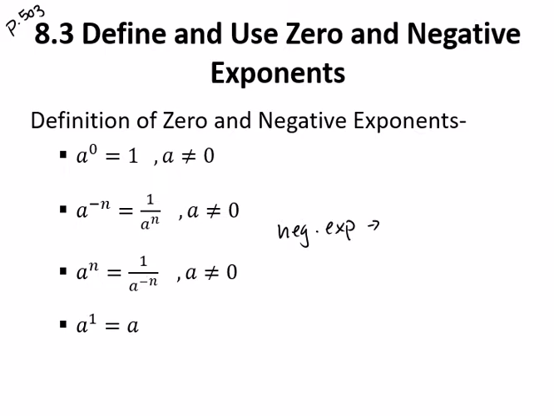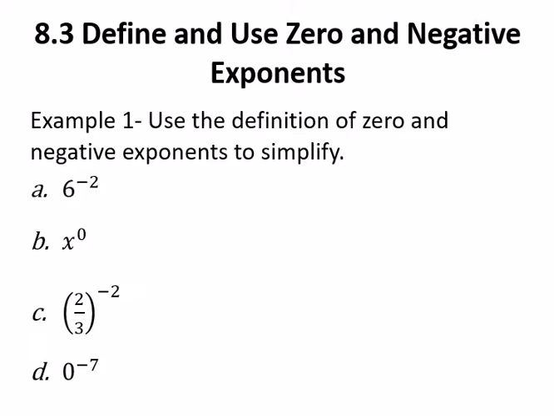Negative exponent is the reciprocal. And then just a helpful little reminder, a to the first power equals a. So 7 to the first power is 7, 3 to the first power is 3, 1/3 to the first power is 1/3. So let's go ahead and tackle some examples here.